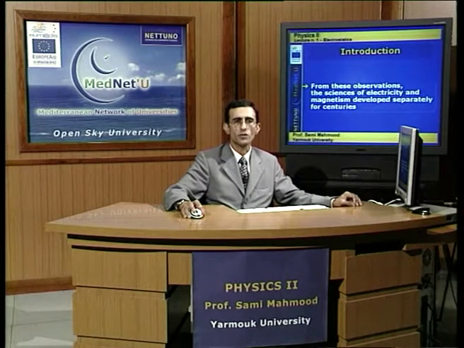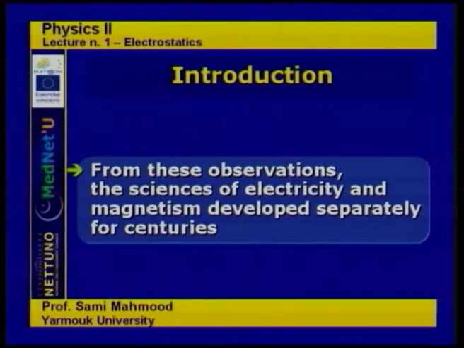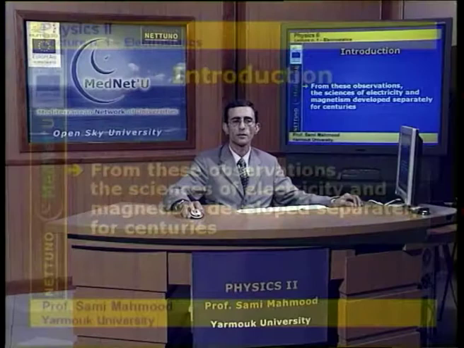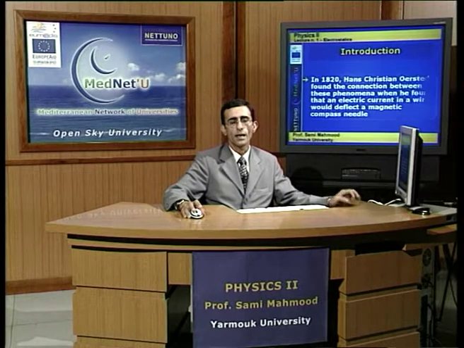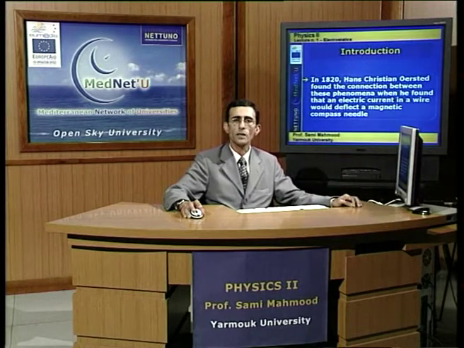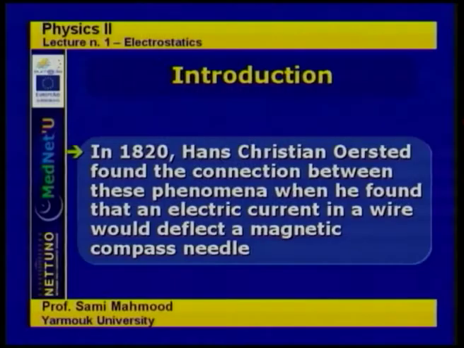From these observations, the fields of electricity as a field of science and of magnetism have developed as two separate sciences, and this went on for centuries. They were considered as two different fields. And as time goes, people started working on the electromagnetic phenomena and the relation between electricity and magnetism, and have found relations between these two classes of phenomena.